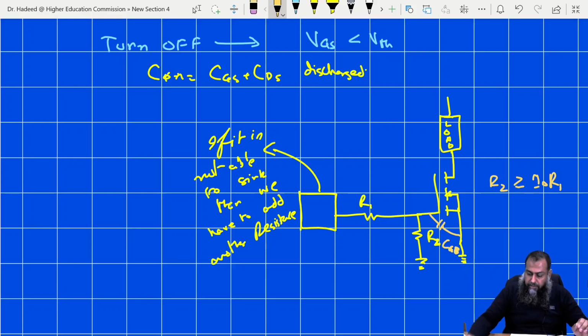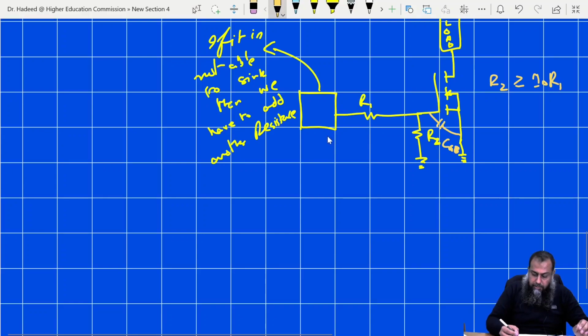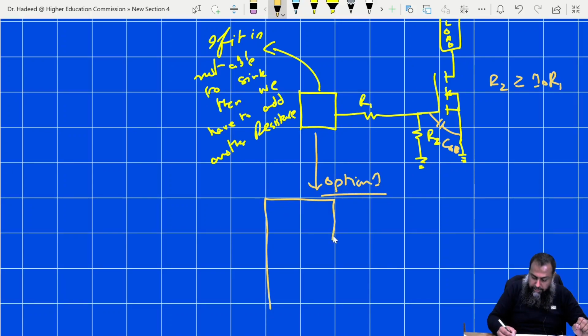So the first problem can be tackled by using some logic IC. For example, as option number 1, we can use some logic gate IC, for example, the 7404. It is a hex inverter or a NOT gate. So we have 6 NOT gates available here.